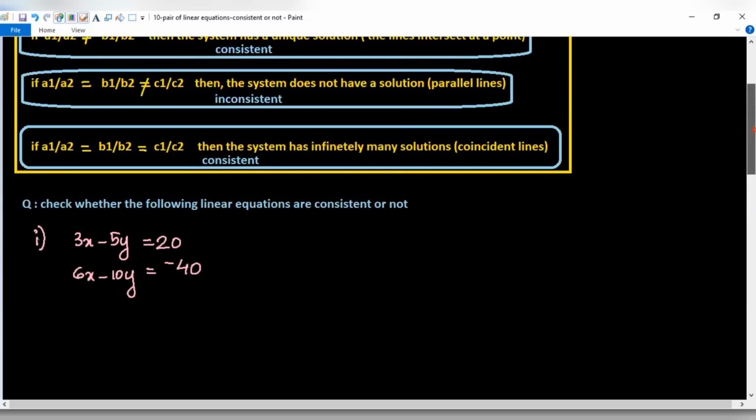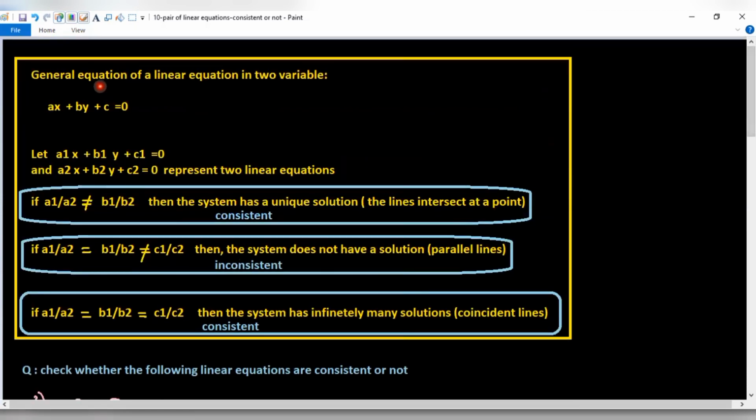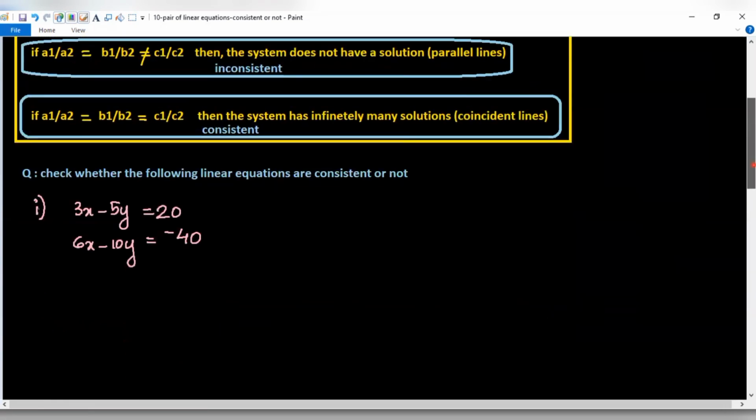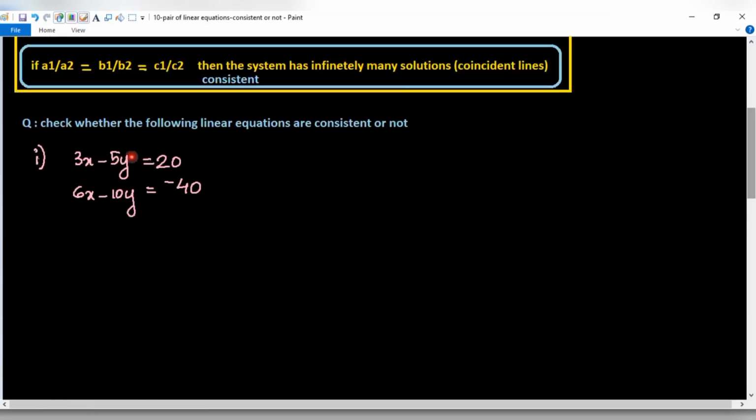In the general equation, the constant part is on the left side of the equal to symbol and 0 is on the right side. But in the given two equations, for both of them, the constant term is on the right side. So we can directly take this one as c1 and this as c2.